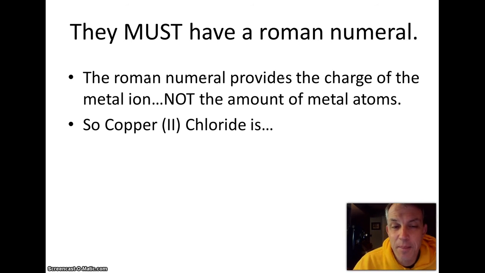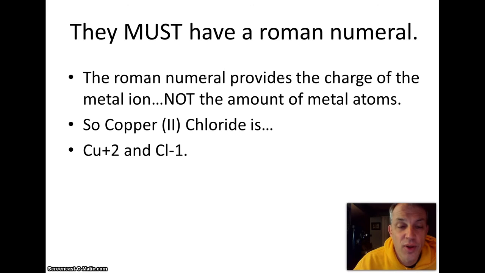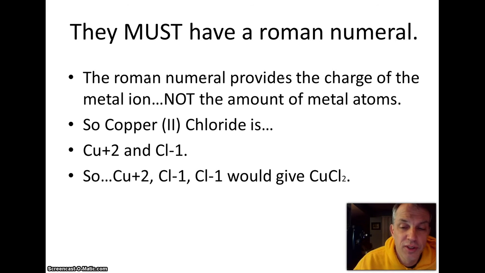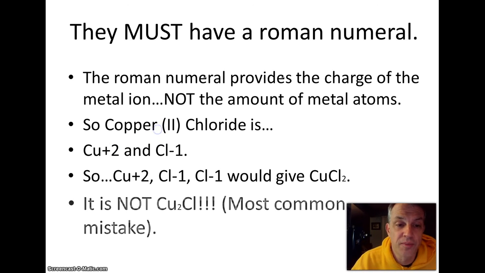Well, that means there's a copper with a +2 charge, a chloride with -1. So how many chlorides do we need? Well, we need 2, so it has to be CuCl2. So don't forget, if there's a transition metal, they live in the middle, they have a middle initial. The Roman numeral is the charge on the metal, it is not the number of metal atoms.